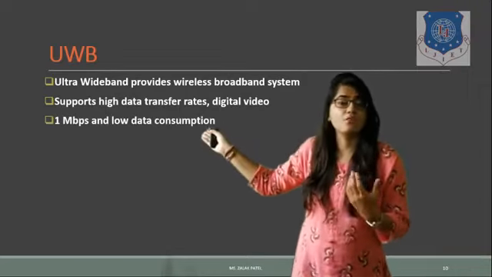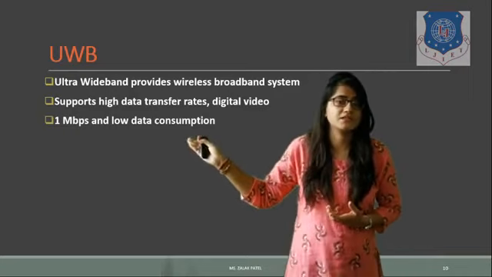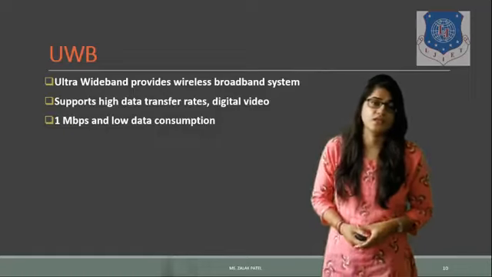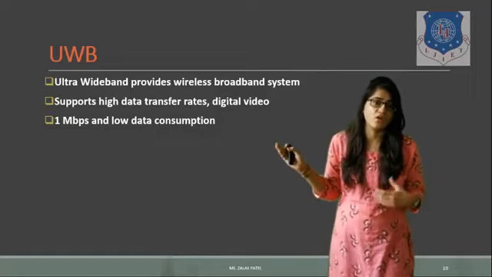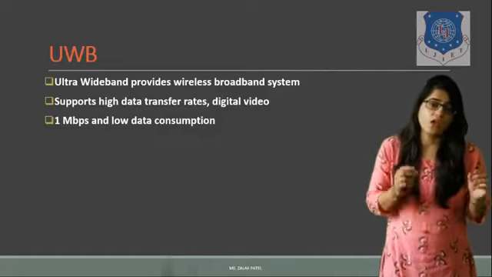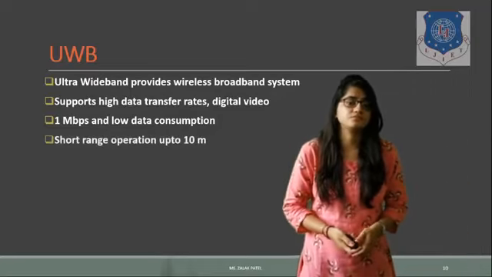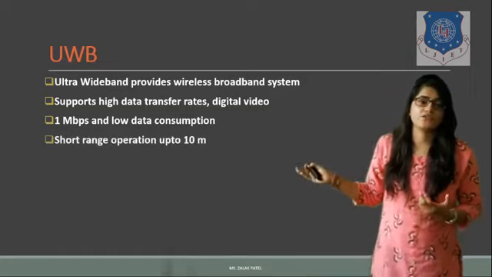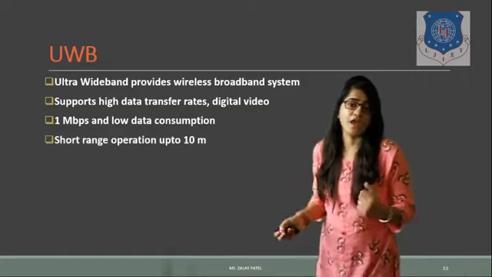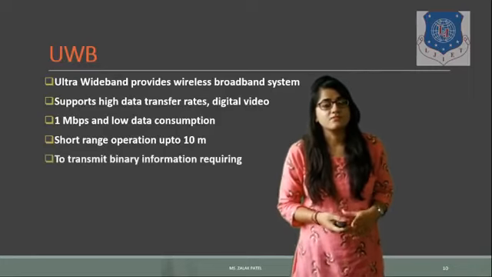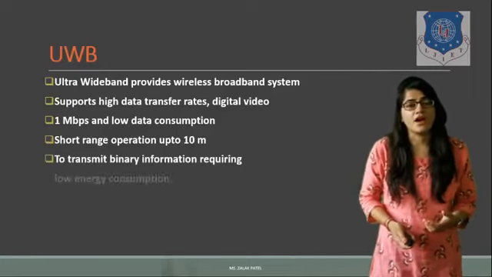The speed is about 1 megabit per second, and one of the advantages of this technology is that the power consumption for transferring the binary information is very less. It also provides a short range of operation, about 10 meters. It can be used like Bluetooth technology to transmit binary information, requiring low energy consumption.